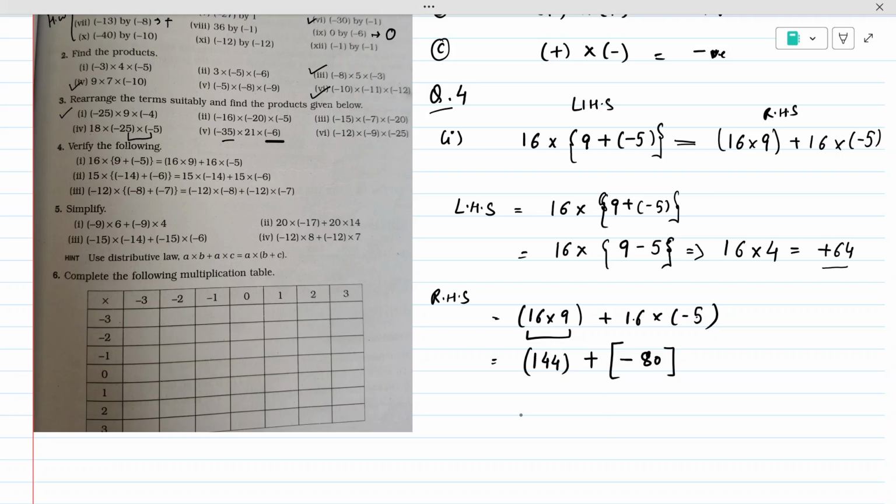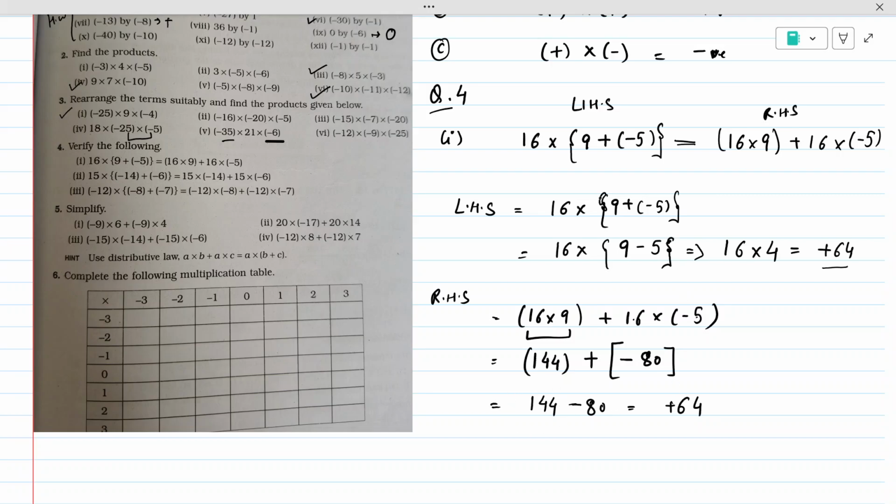Okay. And then next we have 144. Again, between this plus and minus, we have a product because we do not have an integer. So plus into minus is again minus, and 80. So 144 minus 80 will give us 64, and positive sign because 144 is the bigger number and it has a positive sign.